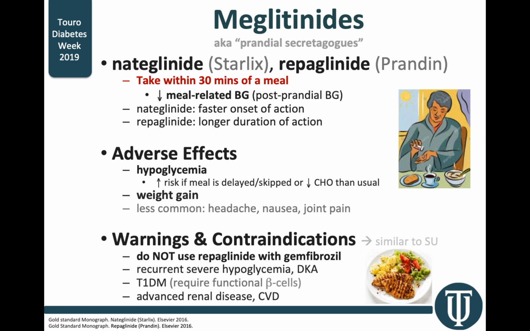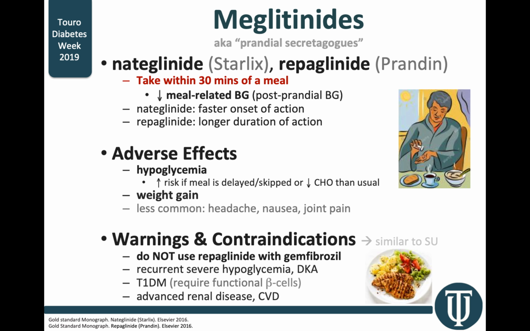There are two agents in this class: nateglinide, brand name Starlix, or repaglinide, brand name Prandin. The instruction is to take this medication 30 minutes before a meal because the target is to lower the postprandial blood glucose.